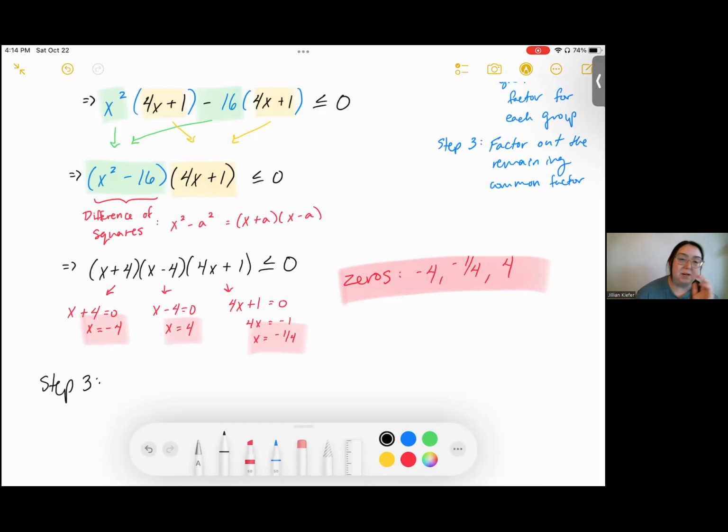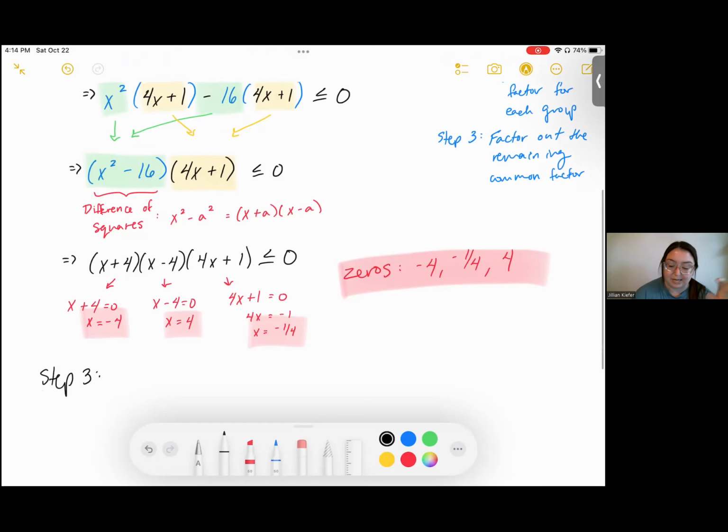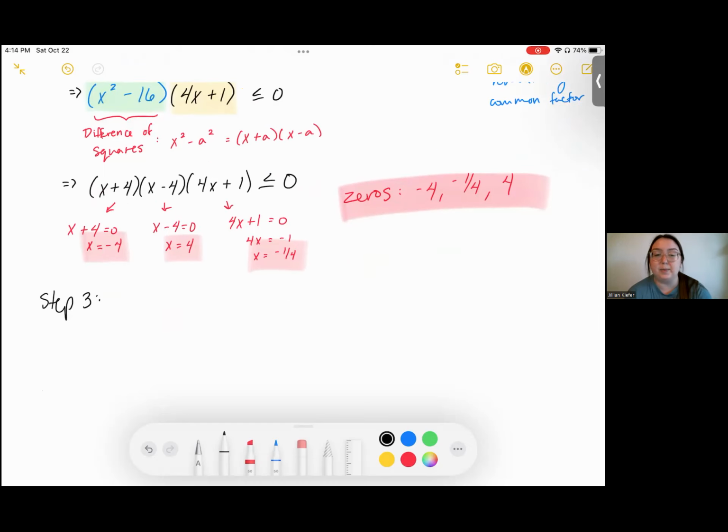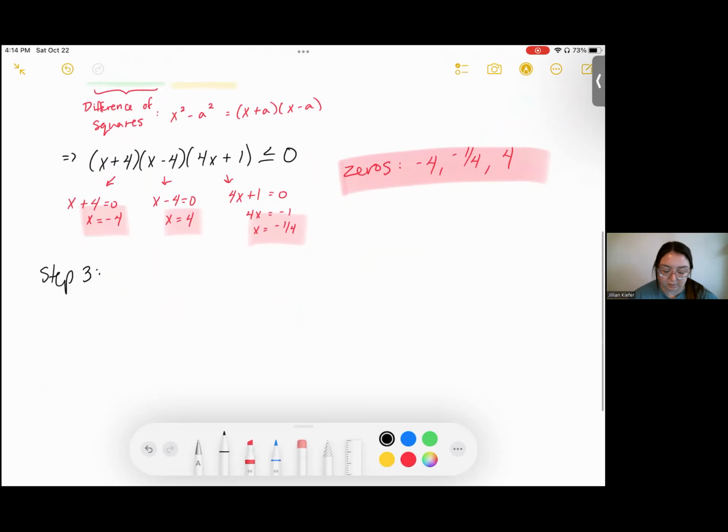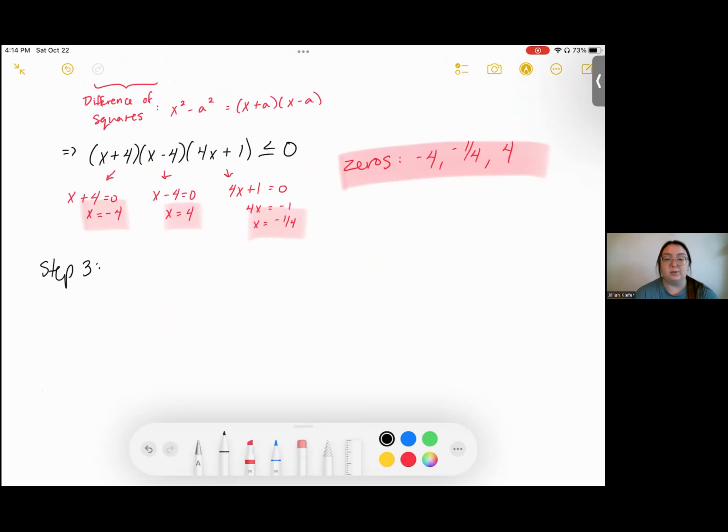Now we can move on to step 3. We said step 3 was finding the intervals based on the zeros. So from the zeros, what are the intervals going to be? So like I stated before, the best way to do this is to draw yourself a number line. So you can draw a number line here. We can mark down the important points, negative 4, negative 1 over 4, and 4.